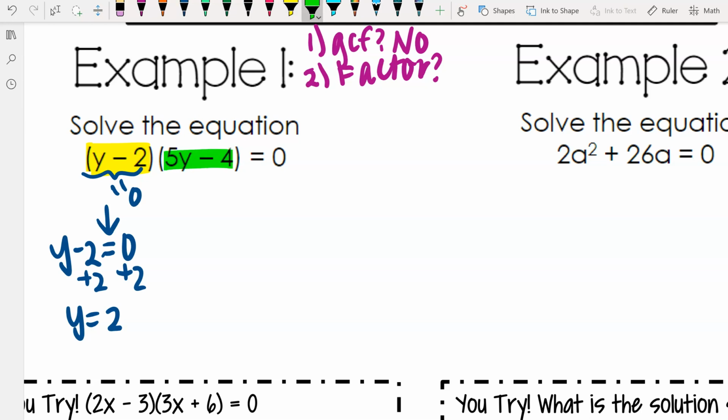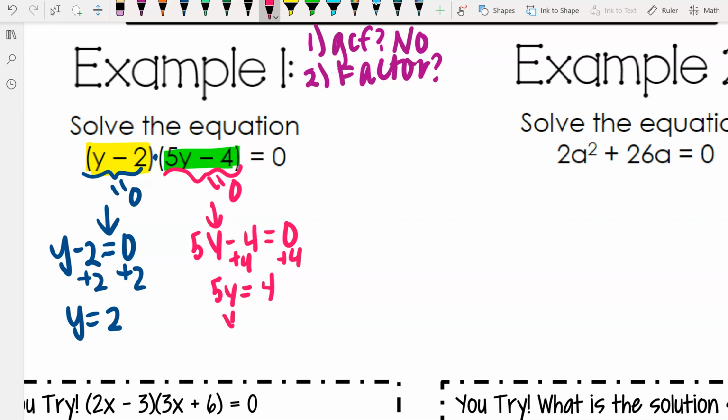So the same idea for the second one, because you do have a product between them, okay? So for this whole setup, what could y equal so that the whole thing is equal to 0? So again, same process. We're going to take 5y minus 4 and set it equal to 0. Okay, and so we go through our solving equations. We should be able to, at this point in the year, solve a two-step equation.